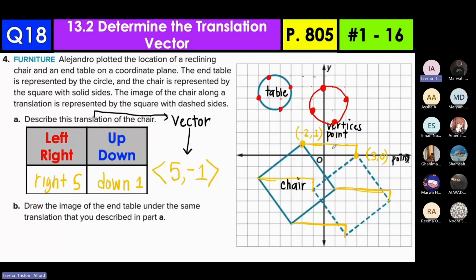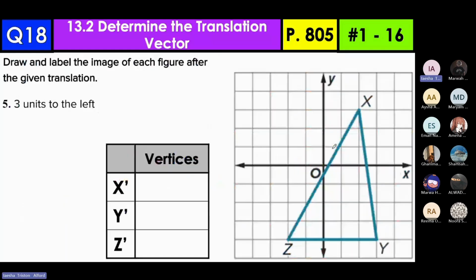They're going to maybe give you a word problem like for this one. Okay, same. They gave us the translation here. What's the vector? 3 units to the left. So what should be the vector? Nobody knows how to write the vector now? Negative 3, and 0.